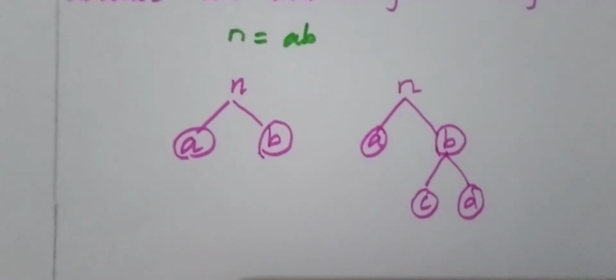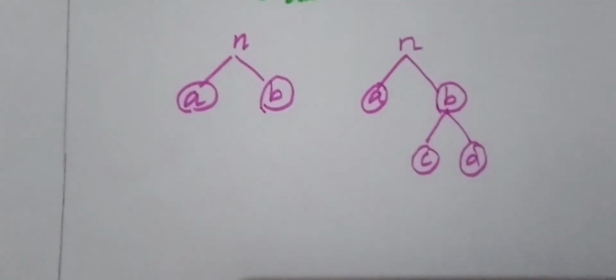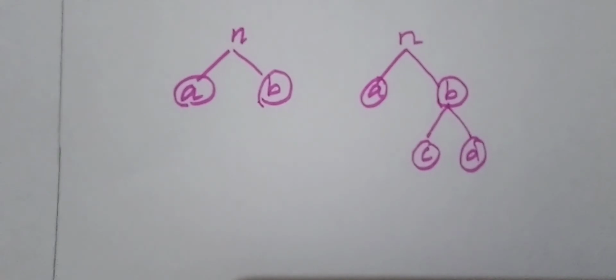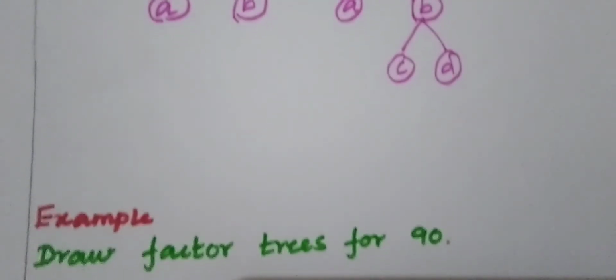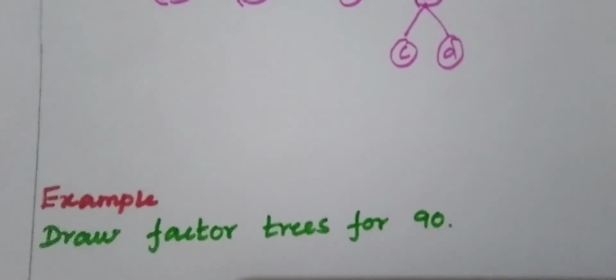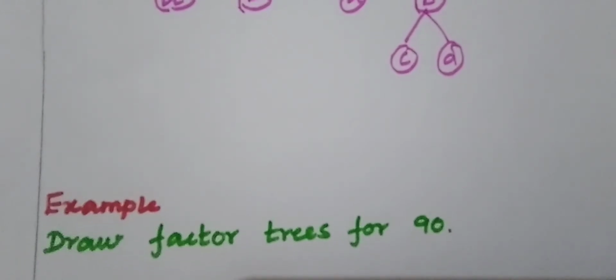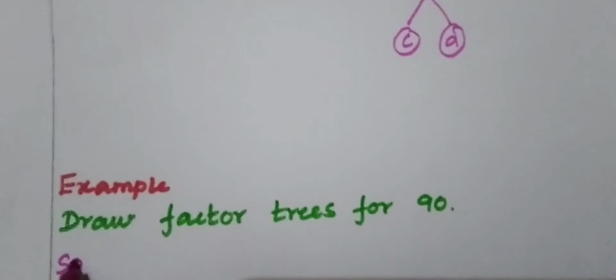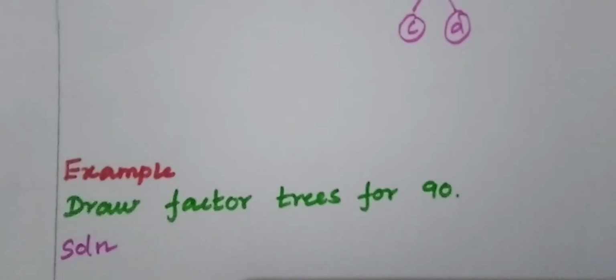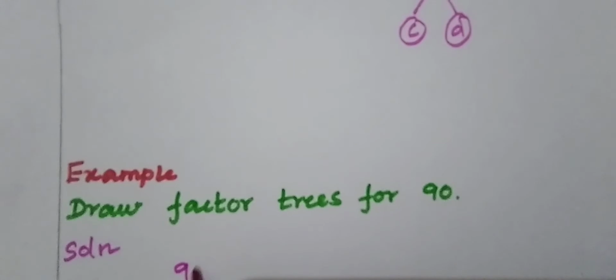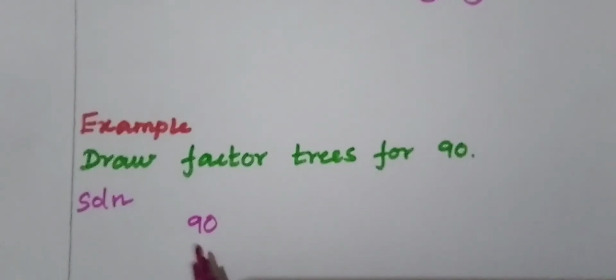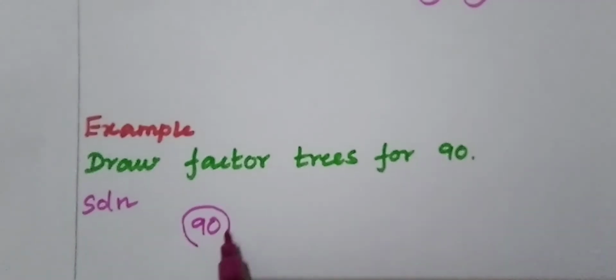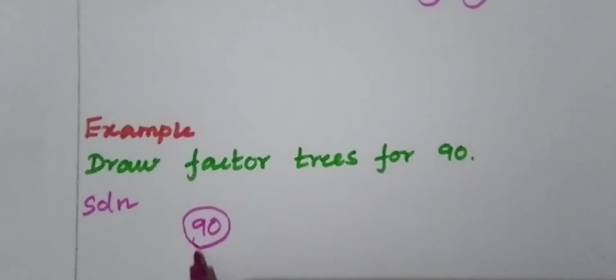Let us solve an example. Draw factor trees for 90. Start with 2 tables.